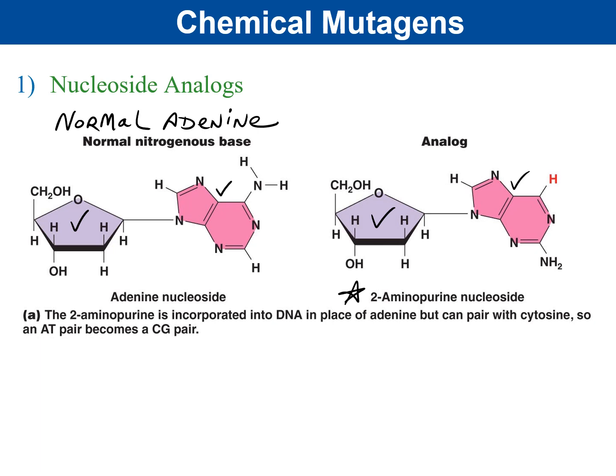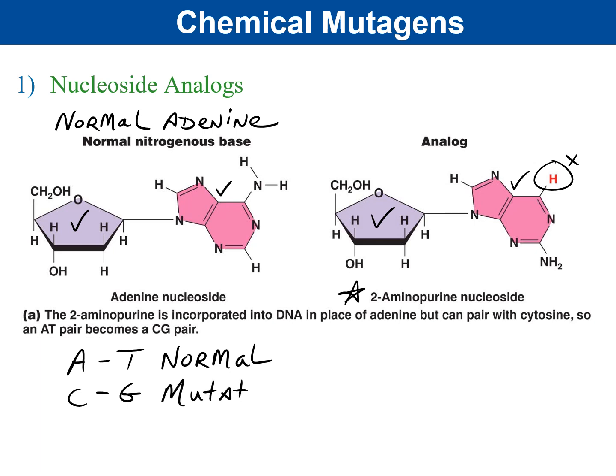So the cell takes in the 2-aminopurine, which has this issue where something isn't quite right, but the cell doesn't know better. And what happens, it says in the description below, is that the AT, that is the normal pairing, changes and becomes a CG pair as a mutation.